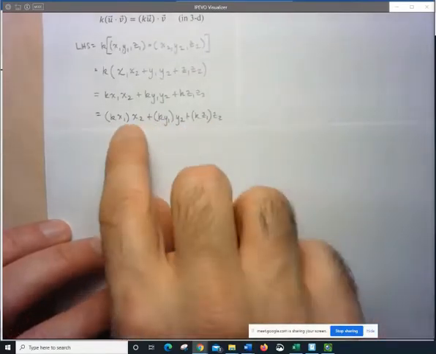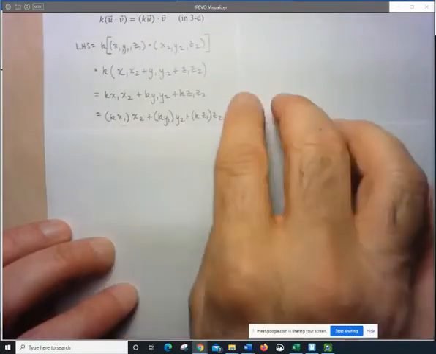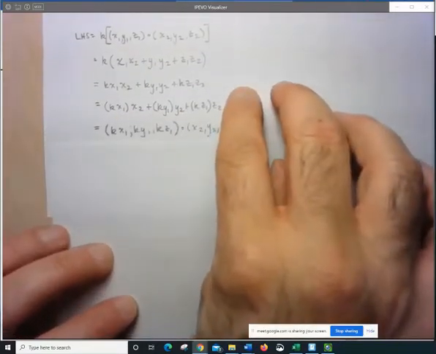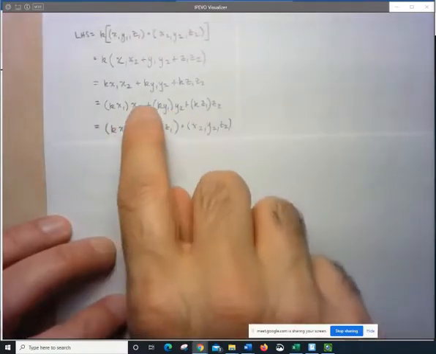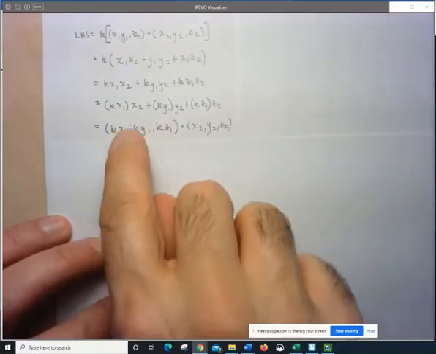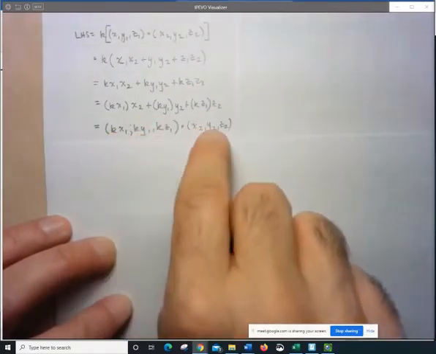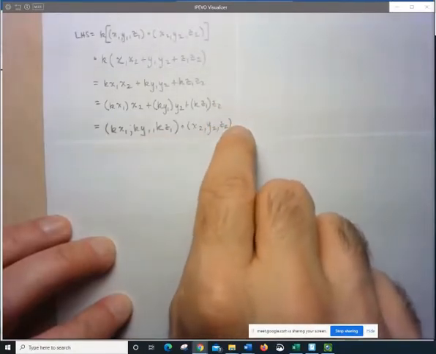But now look at this here. I go backwards on the definition of the dot product. I realize that the way I've written this expression out can be rewritten as a dot product, because remember, dot product is the first times the first, second times the second, third times the third. So this is a perfectly legal operation.